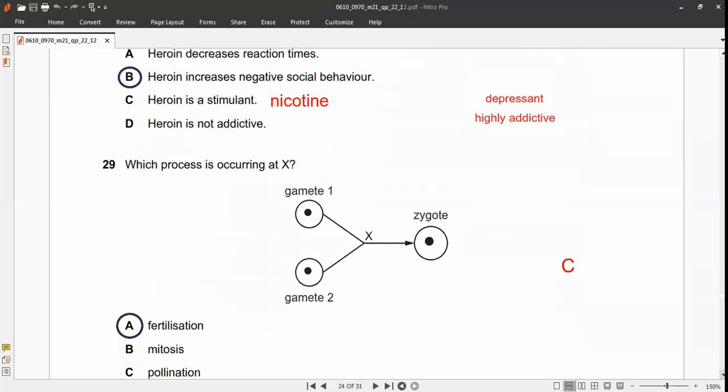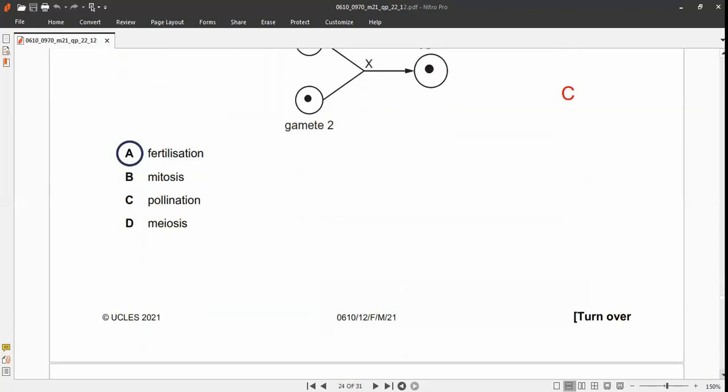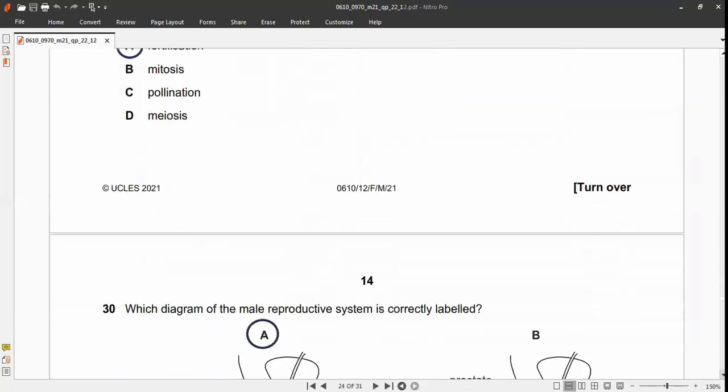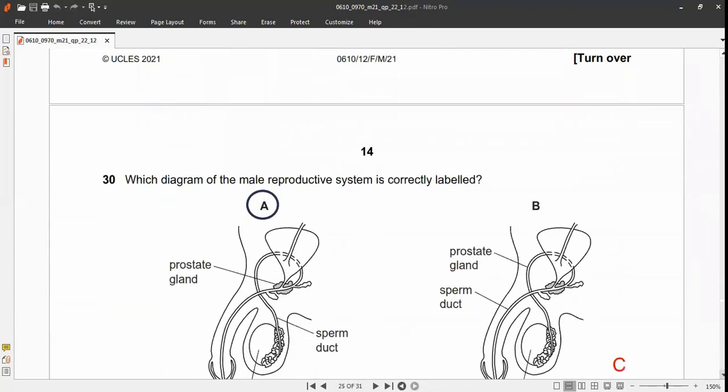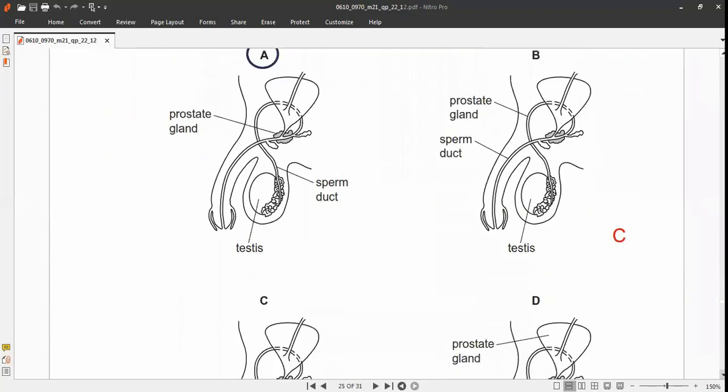Which process is occurring at X? Yes, fertilization. It's easy. Pollination is for plants. Which diagram of the male reproductive system is correctly labeled? Let's see.